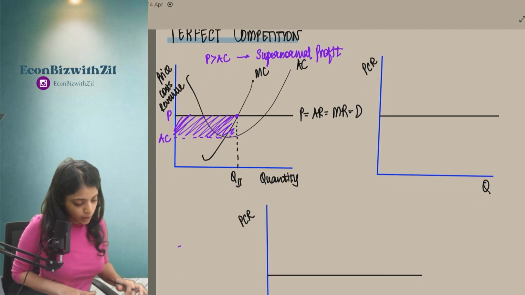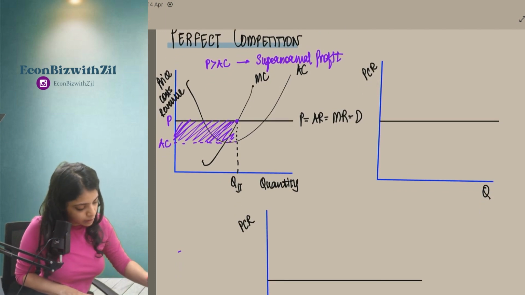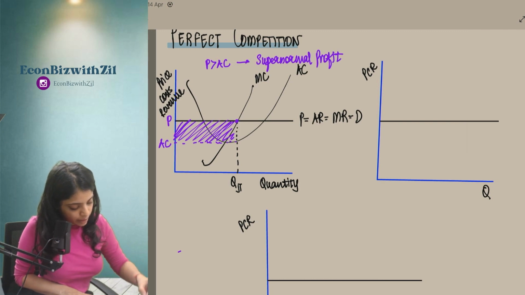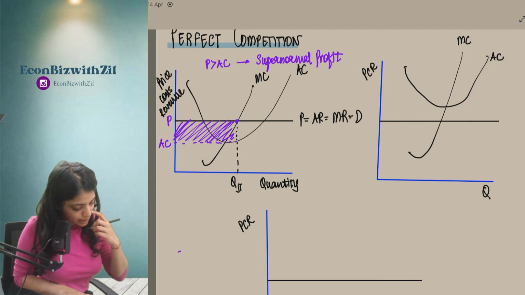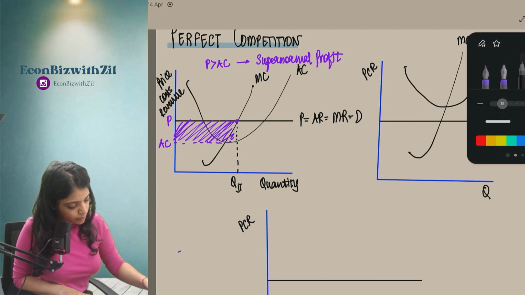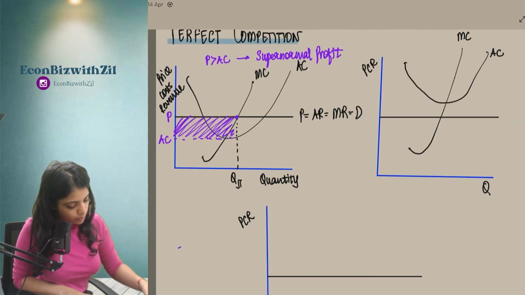All right, let's move to the next one, where I'll show you how to make a loss. For the loss one, you simply have to make your AC smiley a little above, and a tick. So MC and AC. Profit maximizing level of output. Maintaining the uniformity, P equals AR equals MR equals D. My MR and MC are intersecting here.